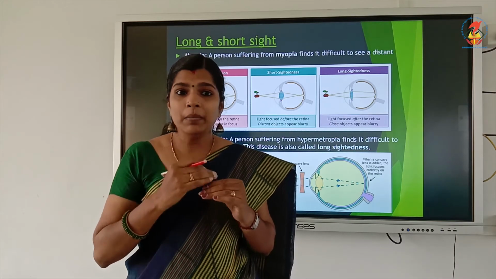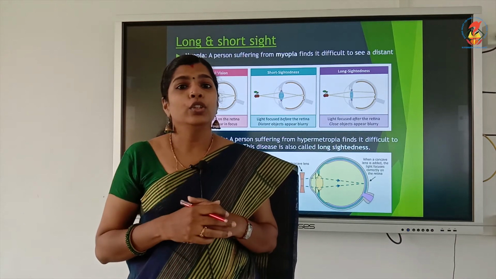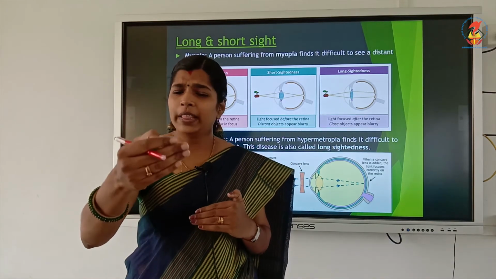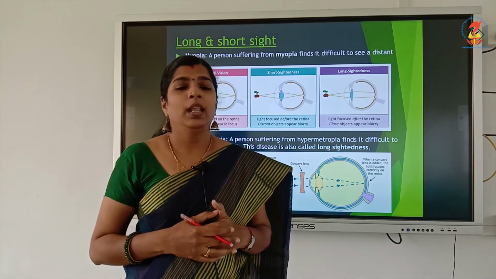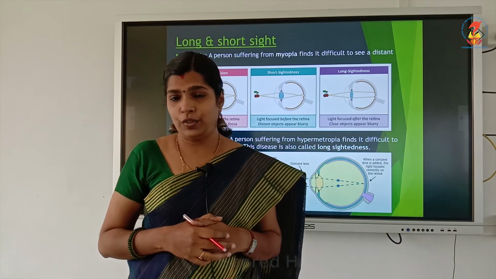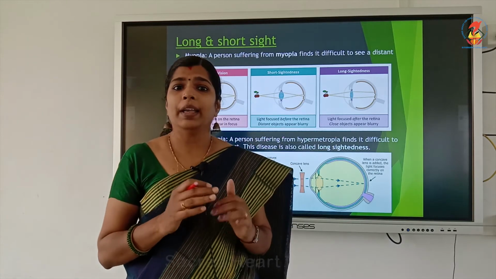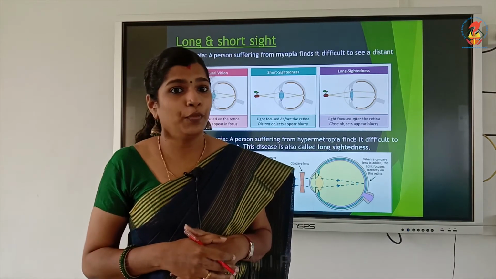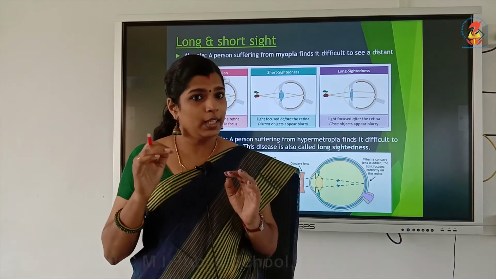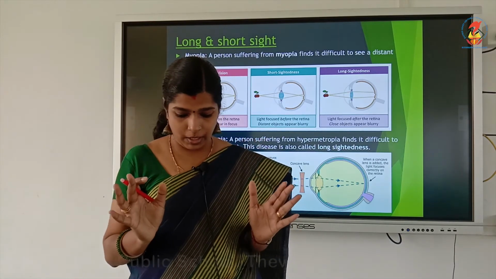So, a minimum distance is there to see an object without any strain. That is known as least distance of distinct vision. For a normal eye, it is 25 centimeter.